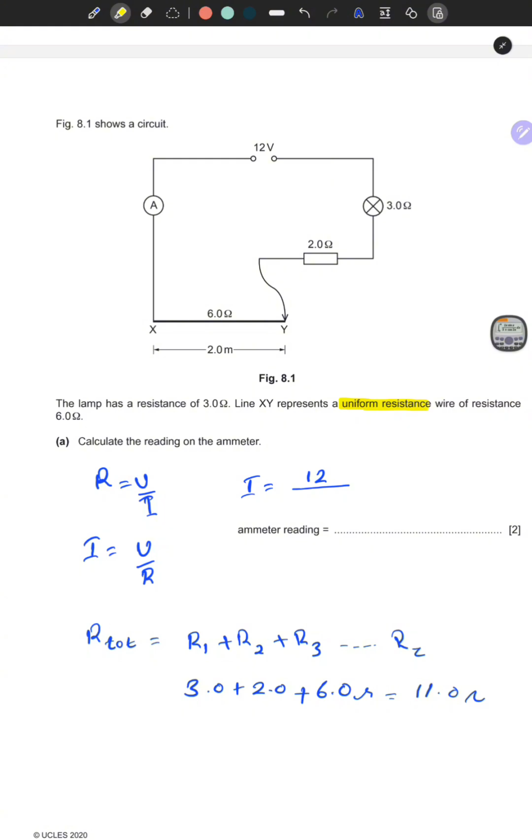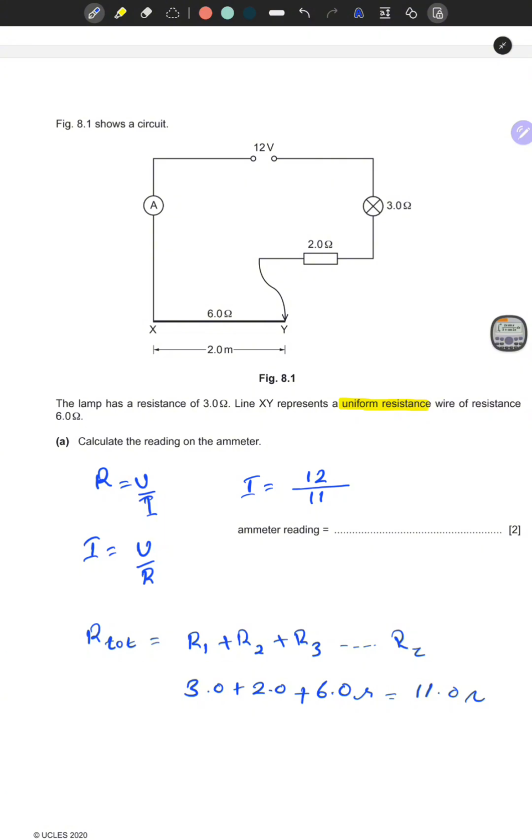Okay, I know that the resistance might be affected by the length, by the type of the material, the cross-sectional area, and so on. So here the word uniform means it has the same cross-sectional area throughout the length of the 2 meters there. So the total R equals 11 here, so the ammeter reading will be equal to 12 over 11.